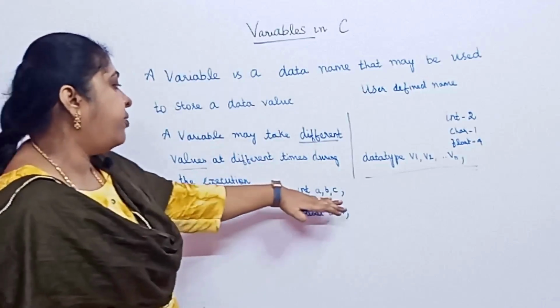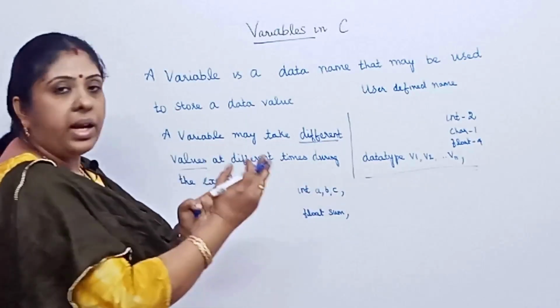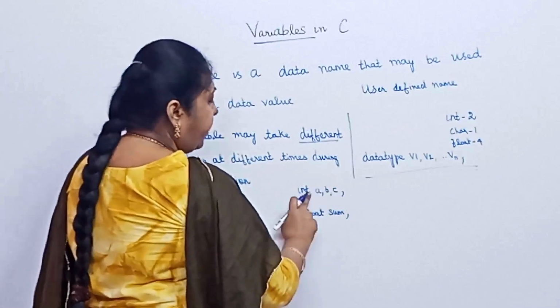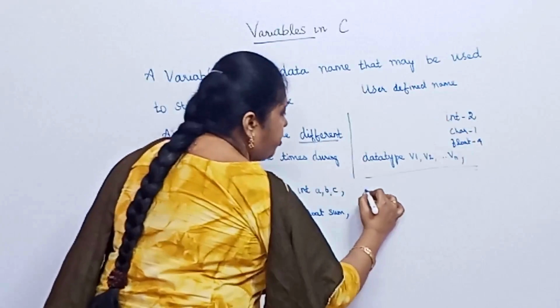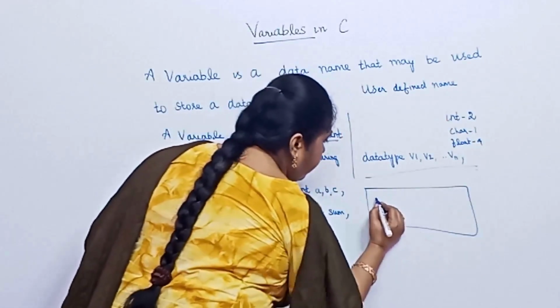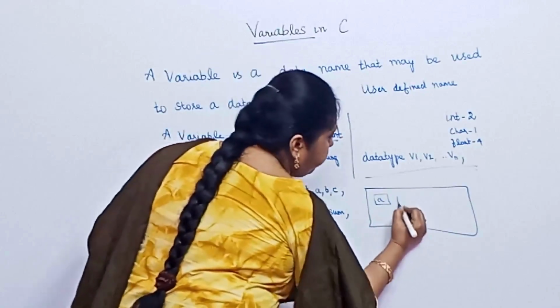So what happens when we declare integer a, b, c? A particular memory allocation will be made for these variables. The data type size for integer is 2 bytes. Consider this as a memory location.